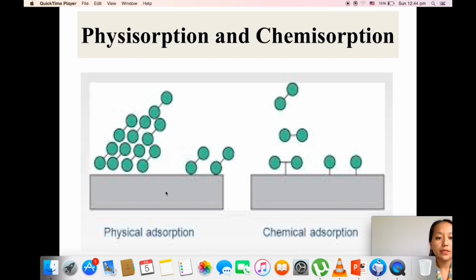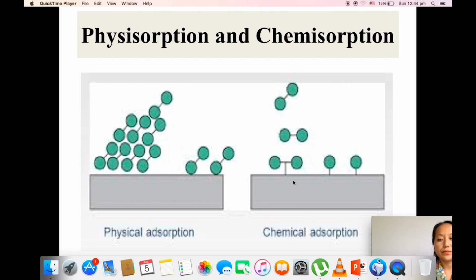So that is the main difference between physical adsorption and chemical adsorption. Physical adsorption, which involves weak van der Waals forces of attraction, can form multiple layers of adsorbate on its surface, whereas chemical adsorption forms only a monolayer, because once the surface area is all occupied, it cannot further react with a second layer of the adsorbate.